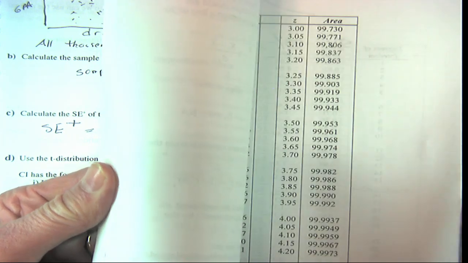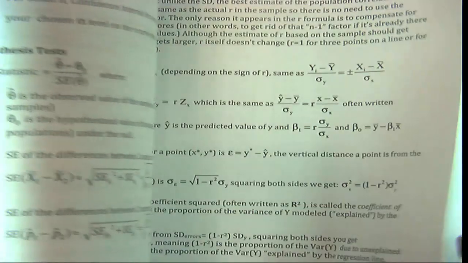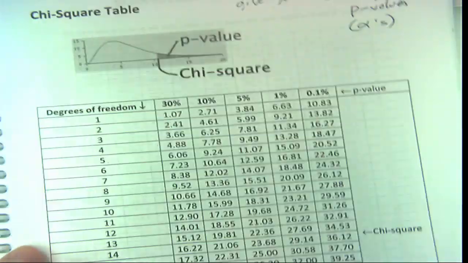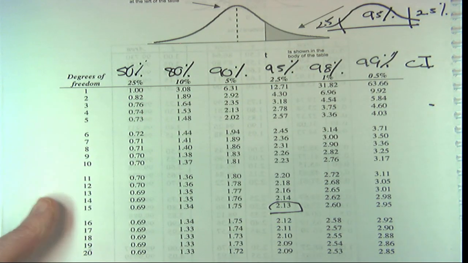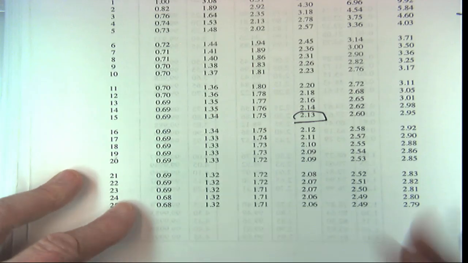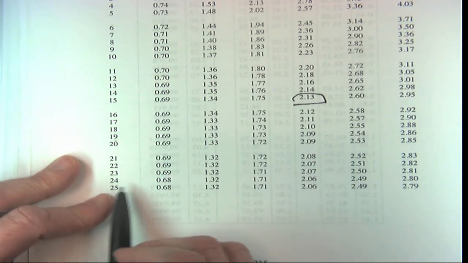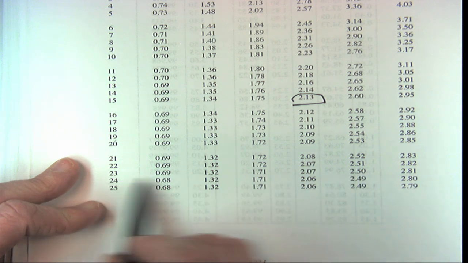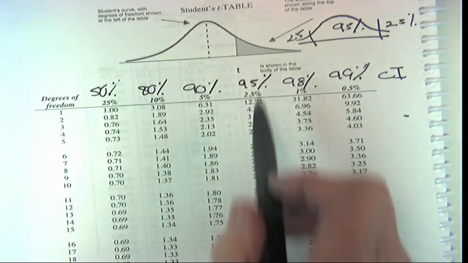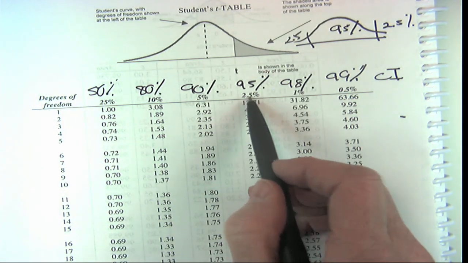And so we go to the curve, and t star for 95%. What do you want to do first of all? You want to look at 23 degrees of freedom, so we're looking down here. But a 95% confidence interval is 2.5% on either tail.